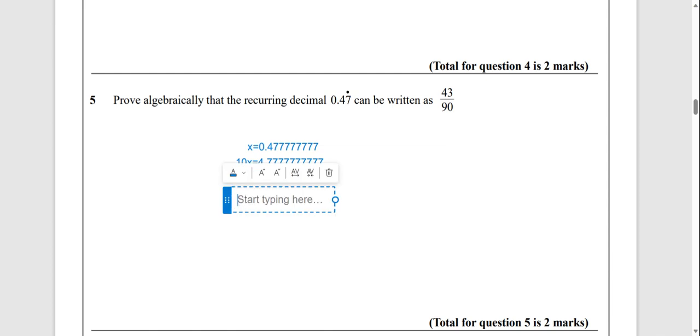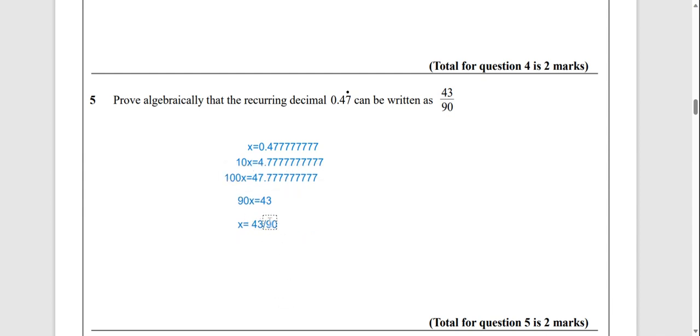So I'm going to look at 90x, and I'm going to find 90x by subtracting the 10x from the 100x. It's going to clear that recurring 7, then I'm just going to do the 47 take away 4, which gives me 43. Again, to solve for x, I know that x is equal to 43 divided by the coefficient of x, which was 90. So that's my answer.